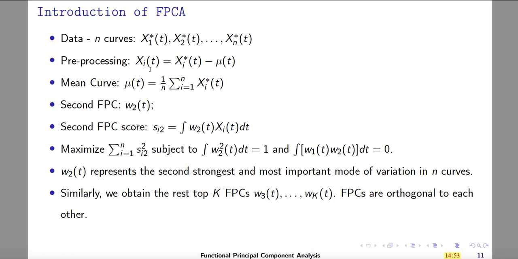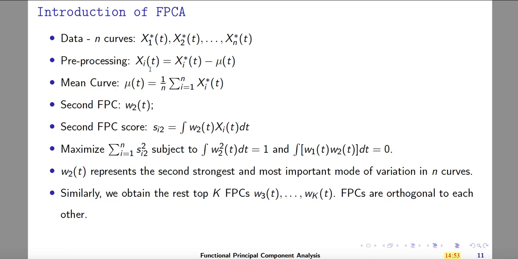When we work on multivariate PCA, we have multiple variables. So this is one difference between functional PCA and multivariate PCA. For functional PCA, we only work on one variable.